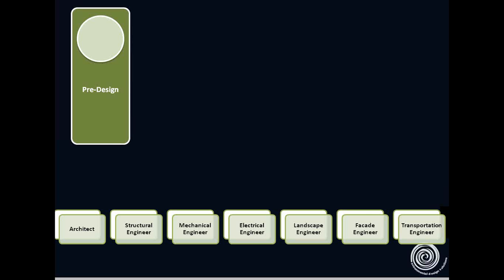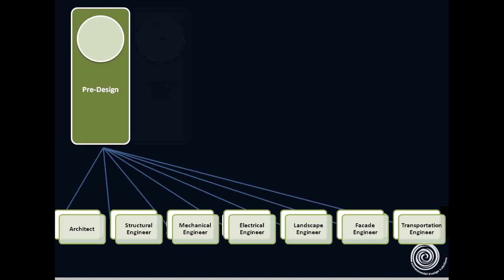As against the traditional linear process, in the integrated design approach, all the stakeholders or actors are on board from the very first day, and each is able to provide his or her input at each stage of the project, starting from the pre-design stage to post-occupancy.